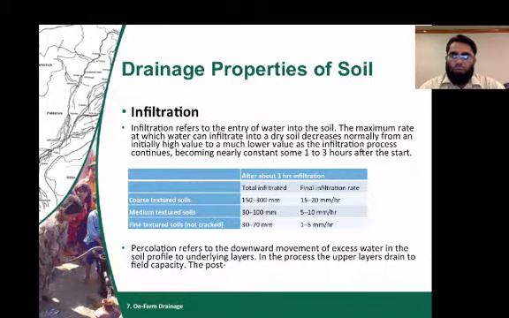Medium texture soils have infiltration rates ranging from 5 to 10 millimeter per hour, and fine texture soils have an infiltration rate of 1 to 5 millimeter per hour. Another property is percolation, which is basically the downward movement of excess water in the soil profile to underlying layers. In the process, the upper layer drains to field capacity.